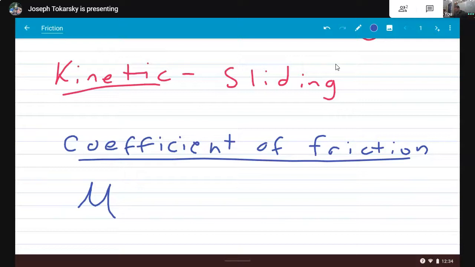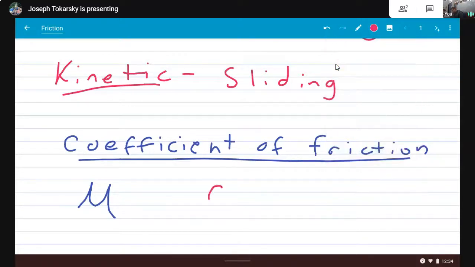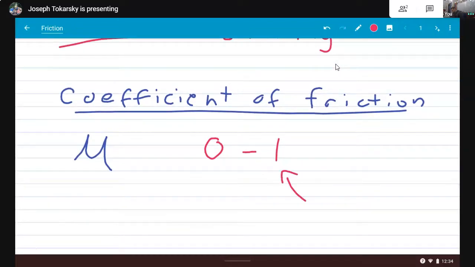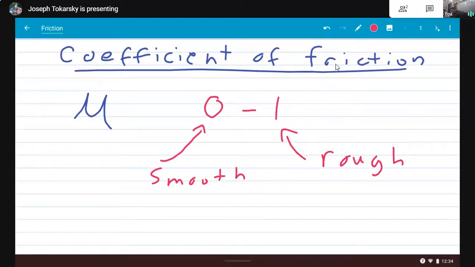Usually this value is between 0 and 1. So usually it's like a decimal value, point something. If it's closer to 1, this means the two surfaces in contact are rough, and the closer it is to 0, it means they're more smooth. And it's one of the rare values that we come across that has no units.